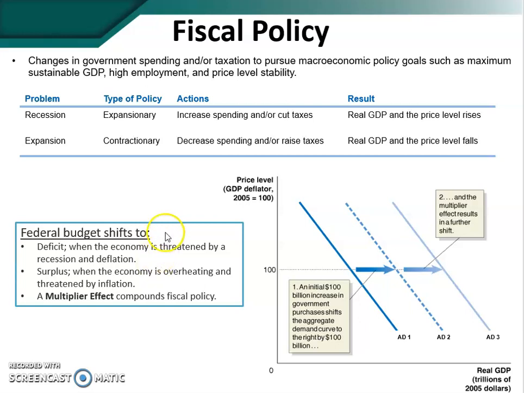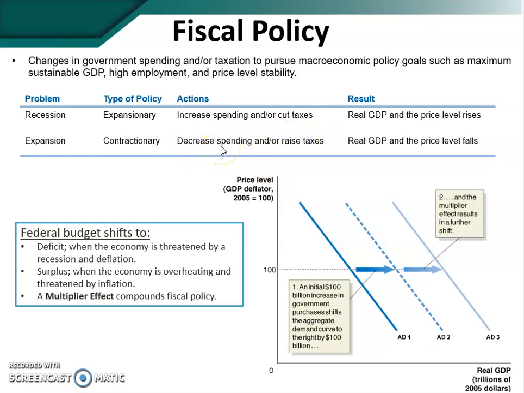In contrast, if we're in an expansion, a boom, and they want to implement contractionary policy, then they would shift the budget into surplus. In other words, they would decrease spending and raise taxes. Well, that moves the government into surplus. They're spending less and they're raising taxes, so more money will start to flow into government than flowing out.